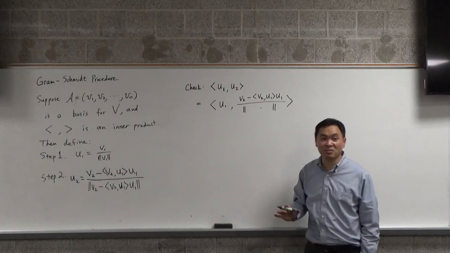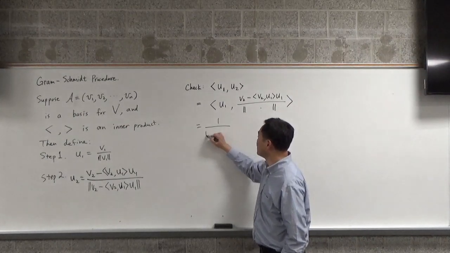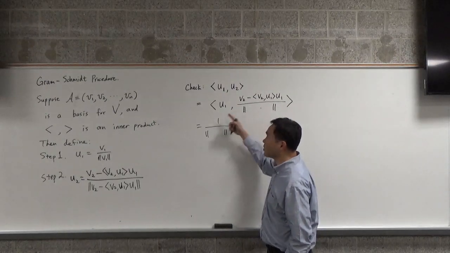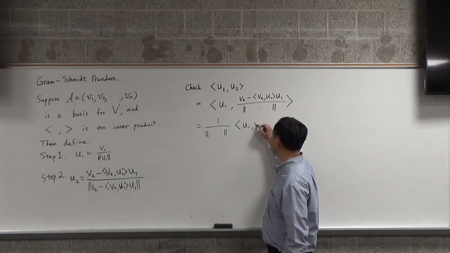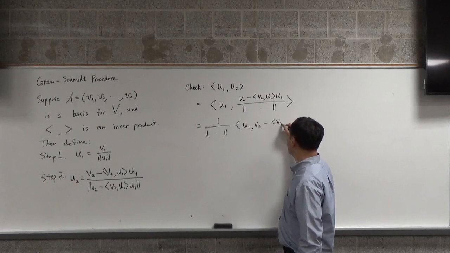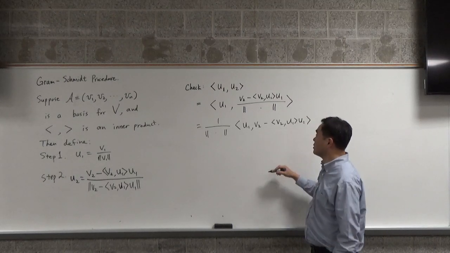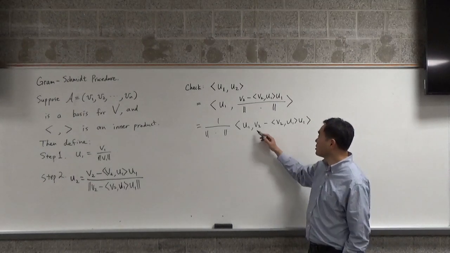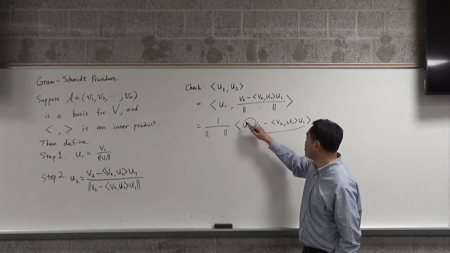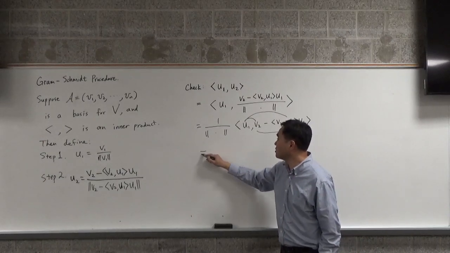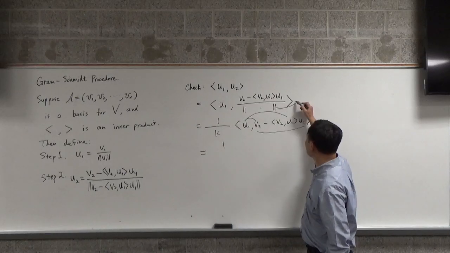Now I want to show that this is 0, so a constant doesn't mean anything, so I'll just bring it outside. Using linearity, that comes outside. Now I can use the linearity of the inner product. So let's just call this constant K.